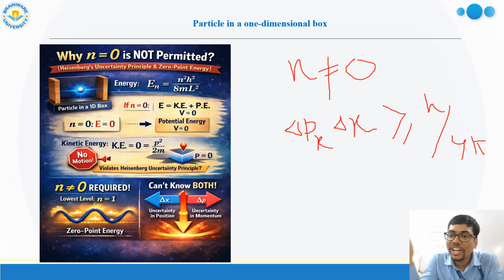So position and momentum you measure at a time accurately, but it already violates the Heisenberg uncertainty principle. So it is not possible. As it is not possible, obviously n equal to 0 is also not possible. So n value always starts from 1, 1, 2, 3, 4, any integer value, but n equal to 0 is not permitted. Clear?